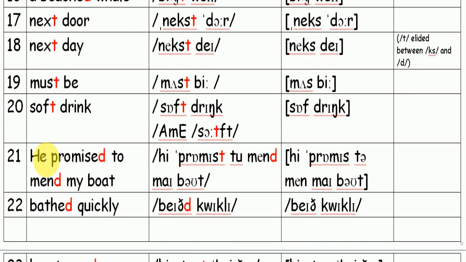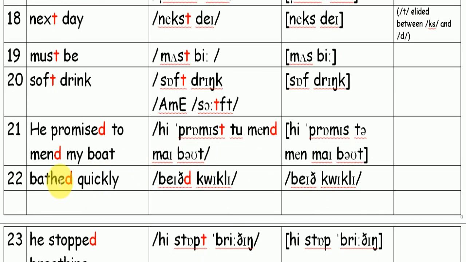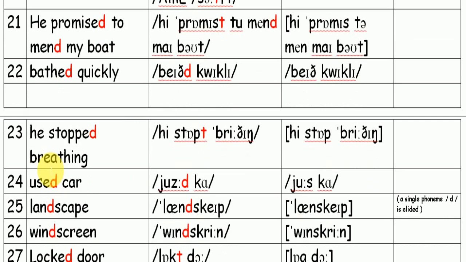In this sentence, he promised to mend my boat. With assimilation, he promised to mend my boat. Bathe quickly. Here, he stopped breathing.